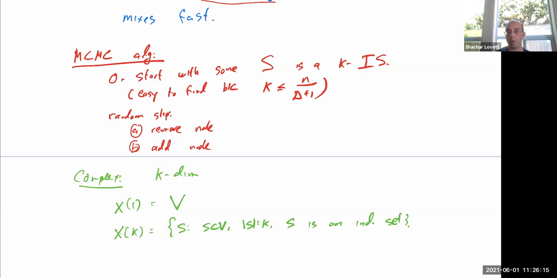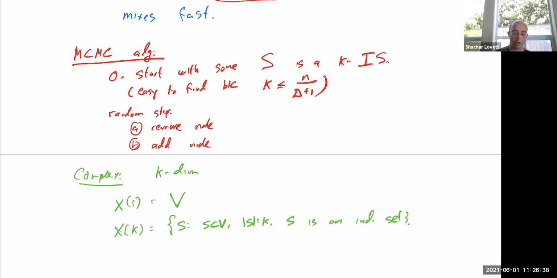And then you can see what's the lower walk of this complex. So you start with a k face, so it's a set of size k, which is an independent set. You move to level k minus 1 by removing one of the k nodes randomly. So now you have an independent set of size k minus 1. And then you move up again, which is, a random node you can add back to it and still get an independent set. Right?